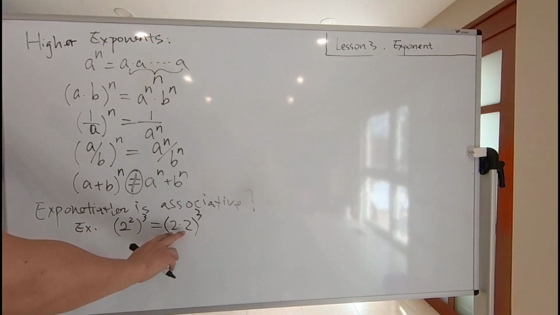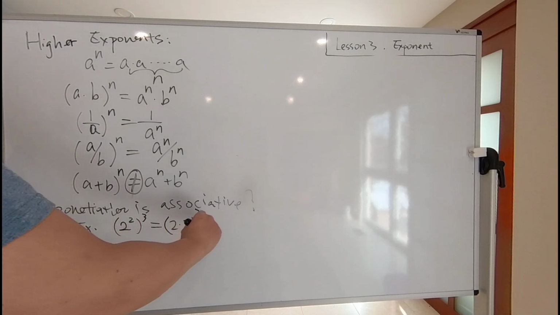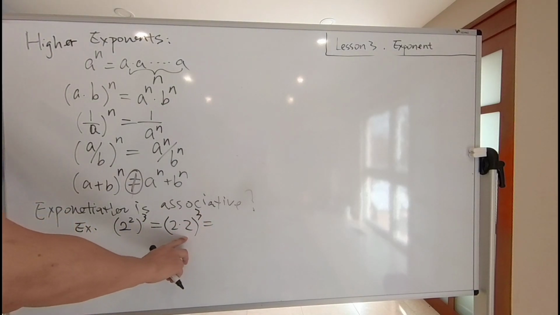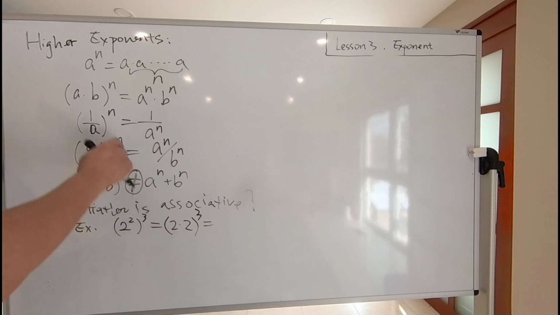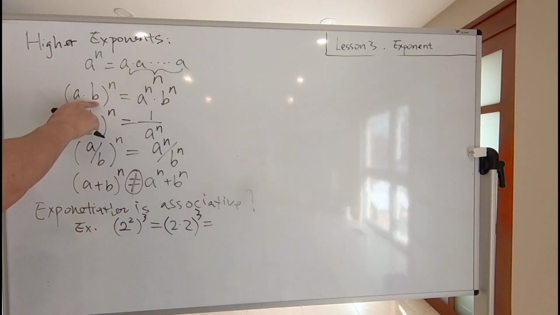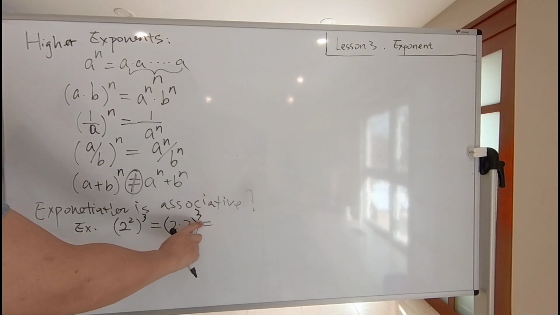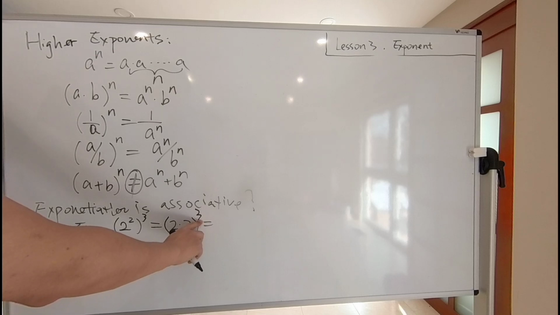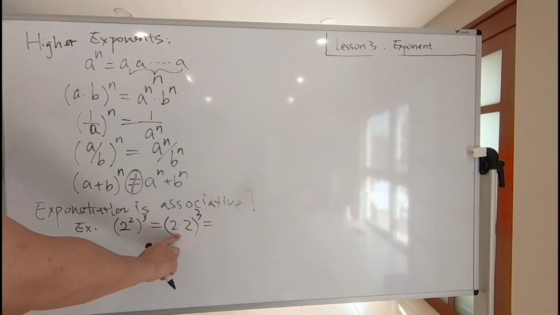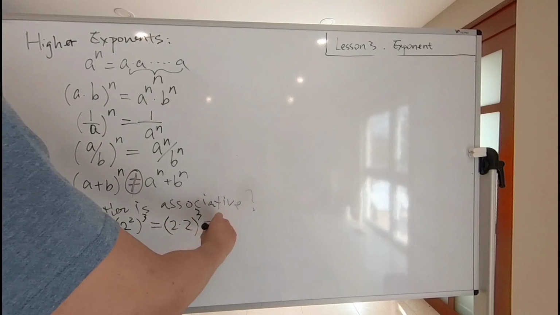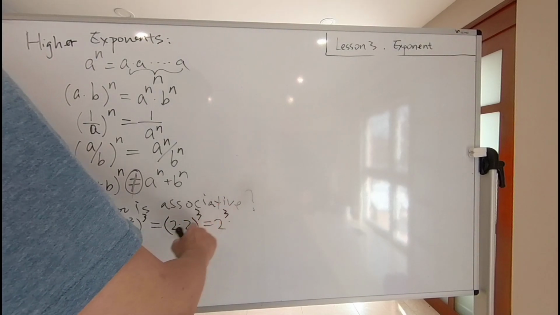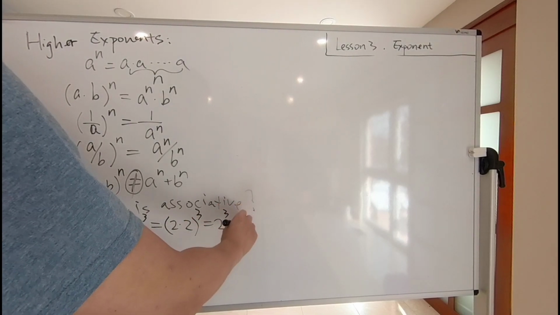So 2 squared, first of all, is 2 times 2. And then if there's a further cube, this goes back to one of the conclusions from before: the power operation can be redistributed over multiplication. So it's 2 to the power of 3 times another 2 to the power of 3.